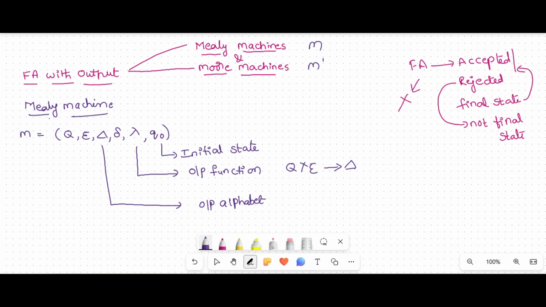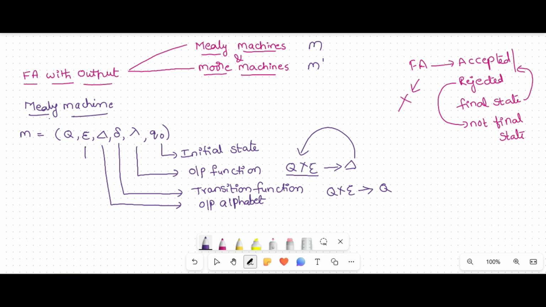That means in a Mealy machine, the output depends on both the present state and the input symbol. Now what is this small delta? This delta is the transition function. The transition function is such that from the given state, for the given input alphabet, it goes to another state.